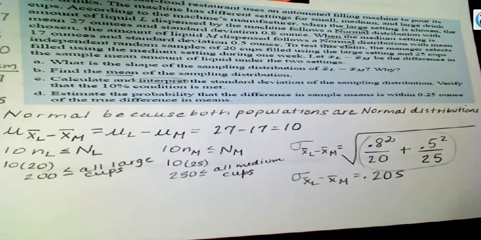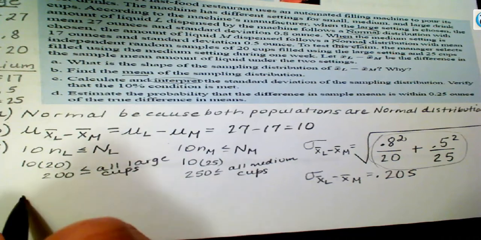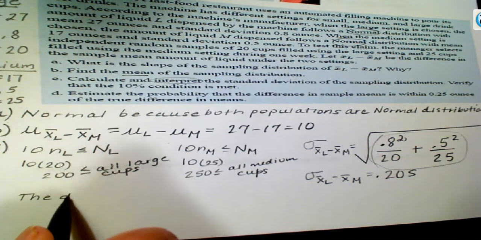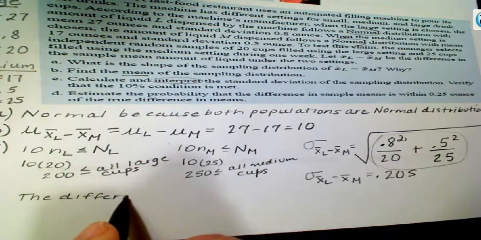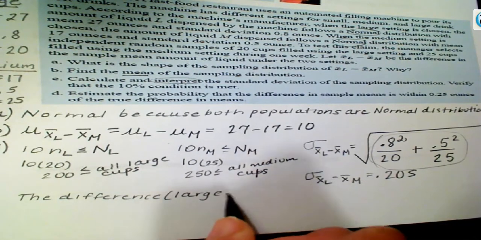So let's interpret this. So this is our standard deviation, 0.205. So we would say the difference, and we are doing large minus medium, so let's write that down.